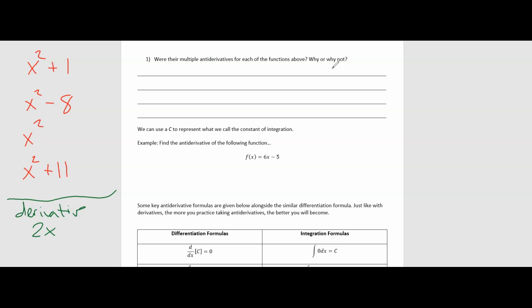And that's because the derivative of a constant is 0. So you can throw whatever constant you want onto the end of your original function, and the derivative is not going to change because the derivative of that constant would be 0.